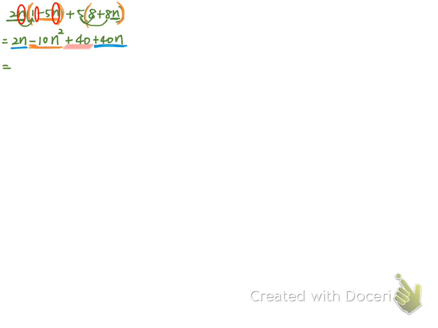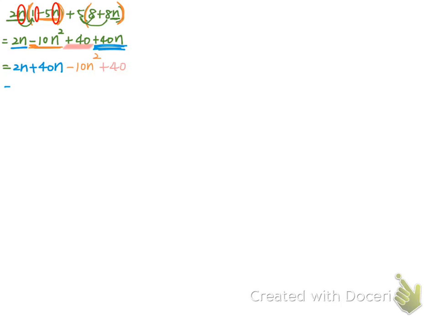So 2n plus, right here, this one, 40n, and then minus 10n squared, and then lastly, I have pink, plus 40. Now I have to rewrite everything into their order.